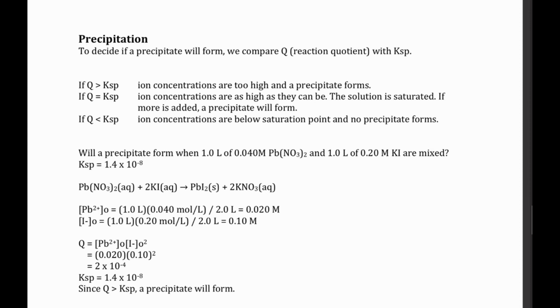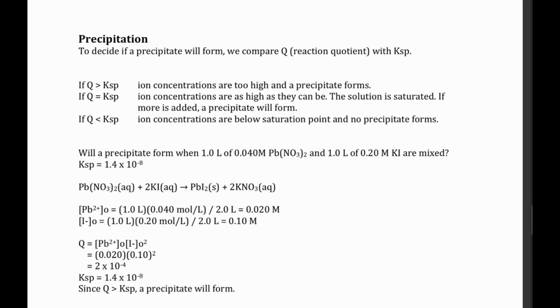Now, imagine we have added a tiny bit of the lead nitrate and the potassium iodide. Well, if there's very small amounts, we may not get a solid, but as we add a little more of those reactants, eventually we will get a solid, that lead iodide solid.